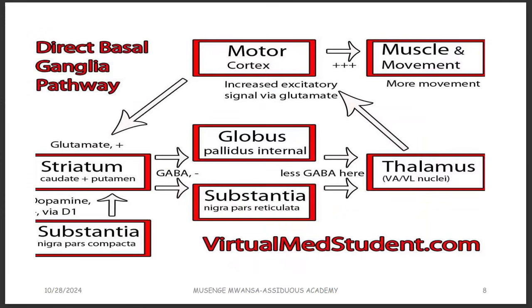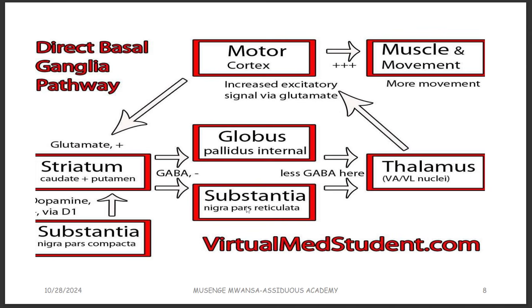So this is again another diagram just to show what we are talking about. You have the motor cortex that is producing glutamate. The glutamate goes to the striatum, which is the caudate plus the putamen. The striatum is going to be stimulated to produce GABA. The GABA is going to the internal globus pallidus and the substantia nigra pars reticulata.